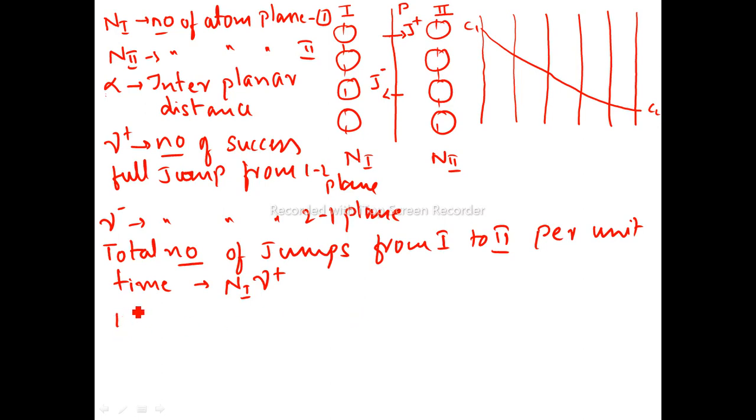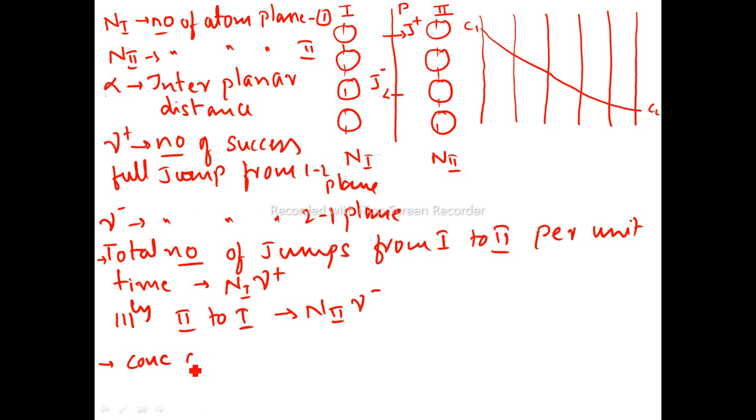Similarly, from plane 2 to 1 it is given by N2 into gamma minus. The second thing is the concentration in plane 1.